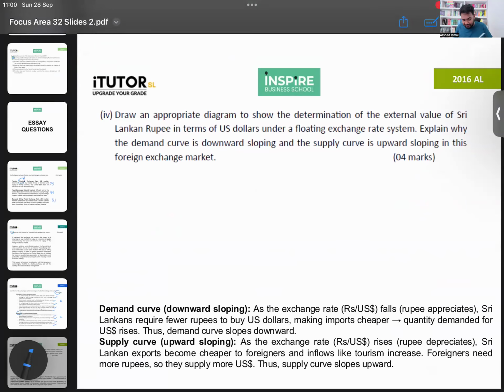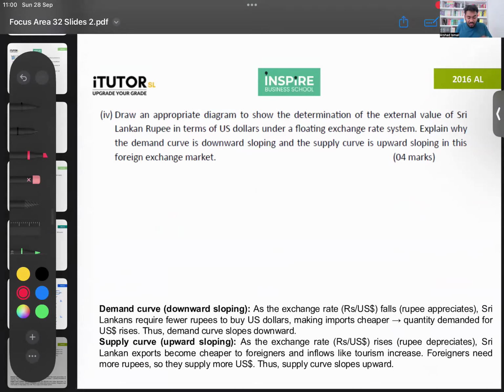It's an interesting question. 2016 is saying, draw an appropriate diagram to show the determination of the external value of the Sri Lankan rupee in terms of dollars. The value of the Sri Lankan rupee in terms of dollars. Direct or indirect quotation?